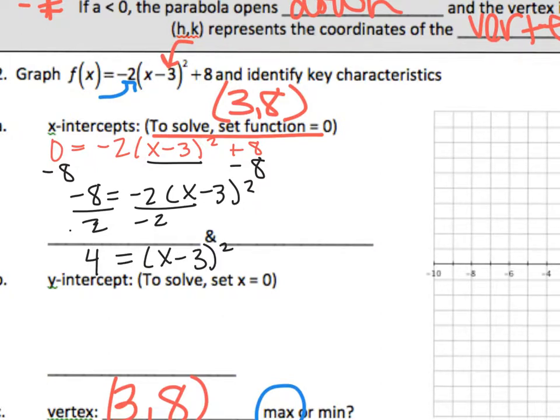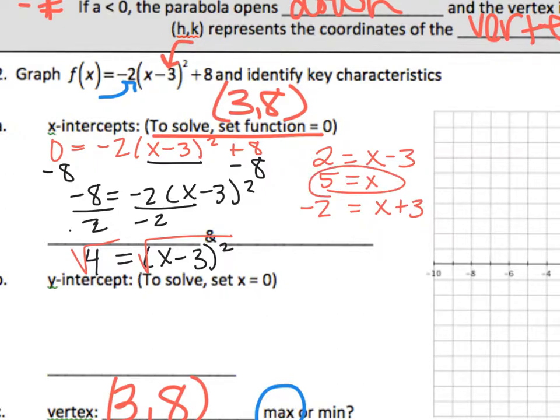So then to undo that square, you're going to square root both sides. And remember, when you square root a number, you get two answers, a positive 2 and a negative 2. But everything else stays the same. So this one is going to be 5 equals x, and this one is going to be negative 5 equals x. Oh, whoops, I changed both of those.